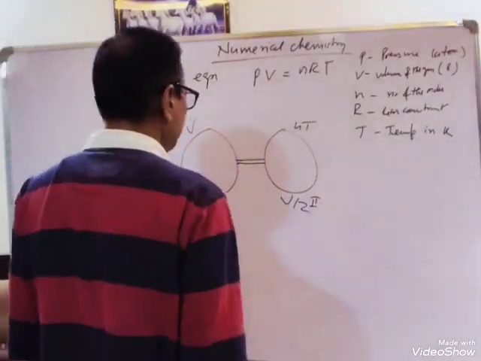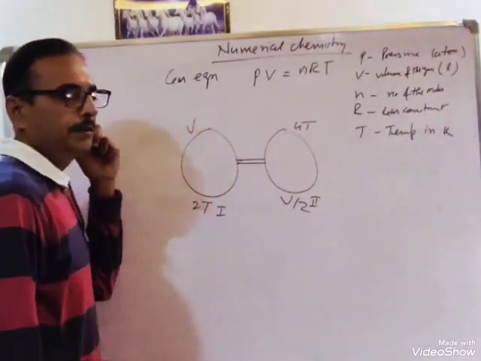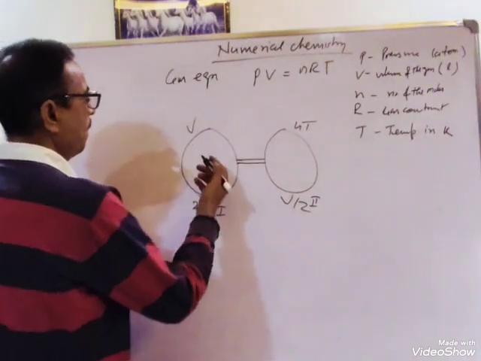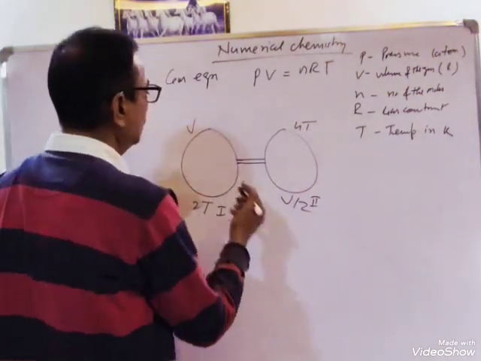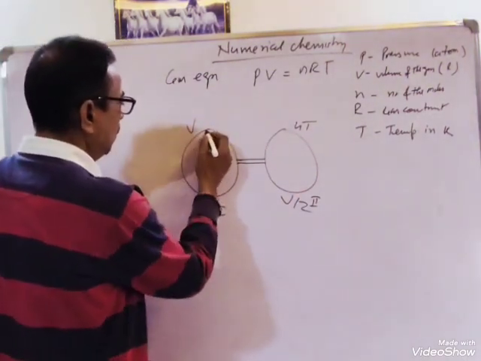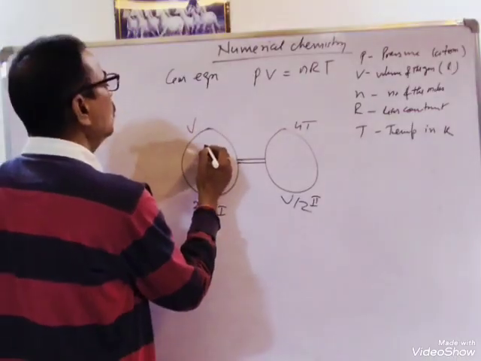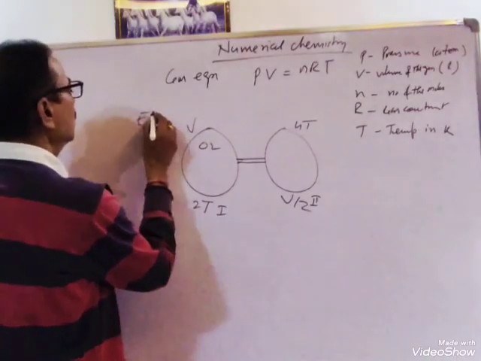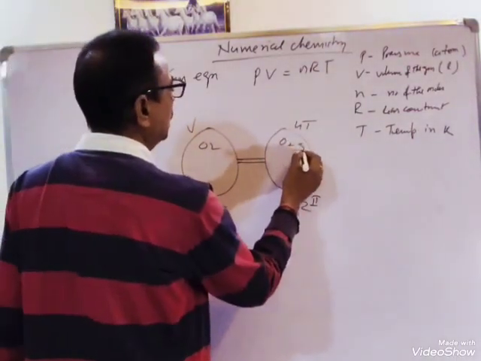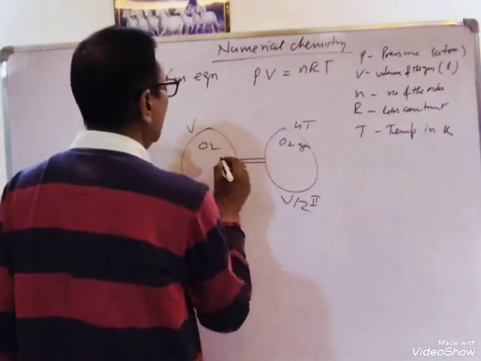Let us see how to calculate. Suppose any gas, say oxygen, is in both vessels.